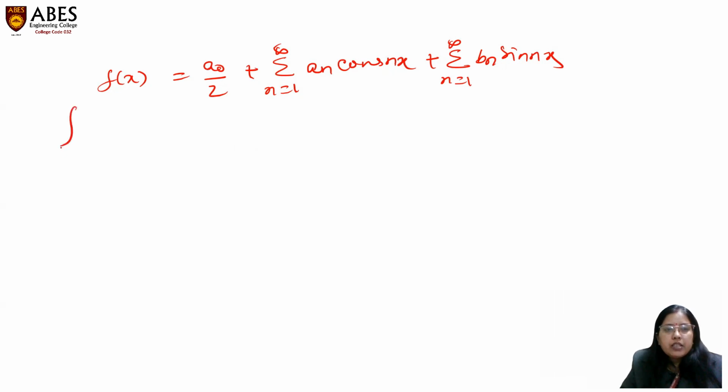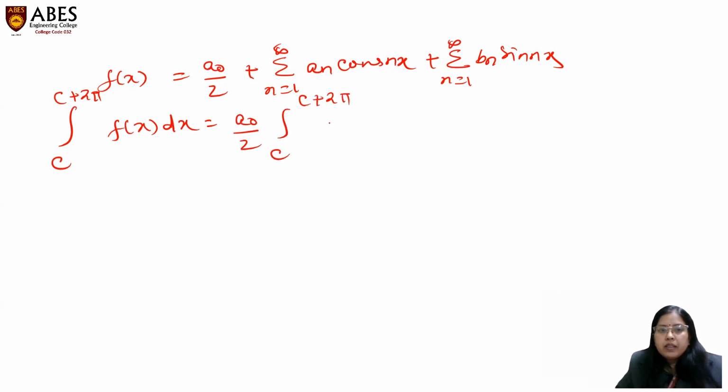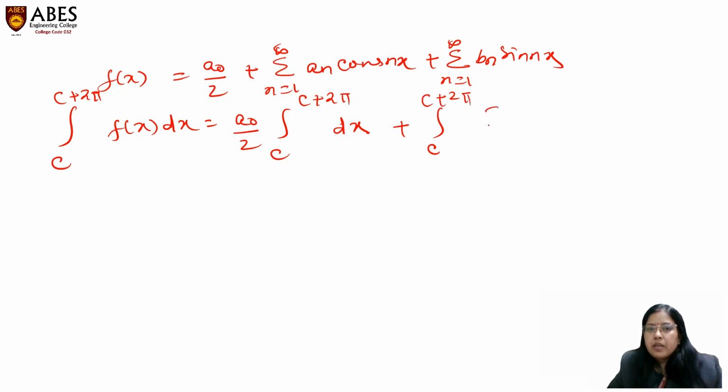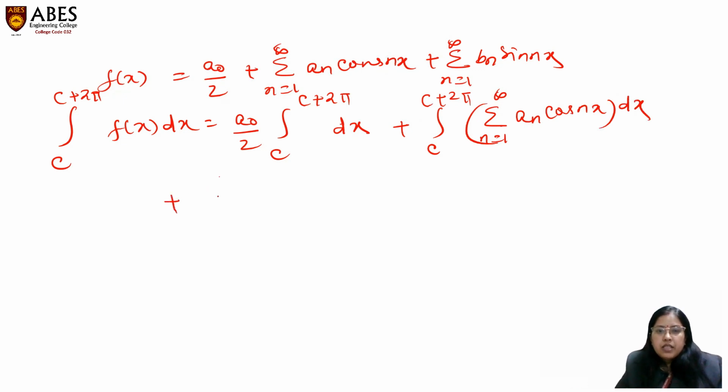Now, if I integrate both sides over the interval c to c plus 2 pi, the integral of f(x) dx, then a0 is a constant, so a0 by 2 you can take outside, with integral c to c plus 2 pi dx. Then we have the summation of integral c to c plus 2 pi of an cos nx dx plus integral c to c plus 2 pi of summation bn sin nx dx.